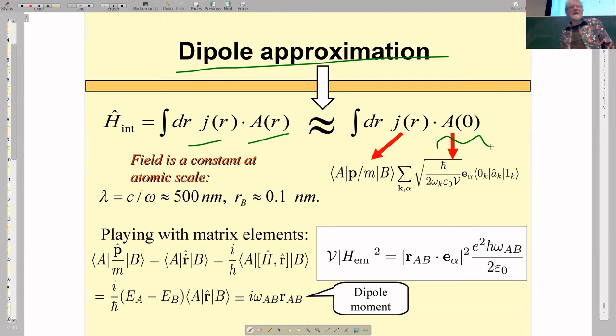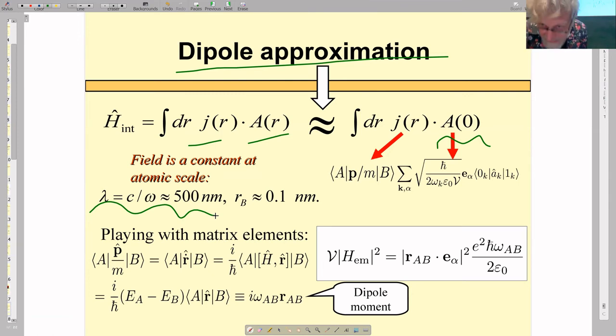There is a difference of scales. Vector potential changes at the scale of wavelength, which is velocity divided by frequency, and for visible light, like 500 nanometers. And atoms are too small, only 1 angstrom. So there's a gigantic difference of scales between photon wavelengths and atomic size. Good, so we can use it.